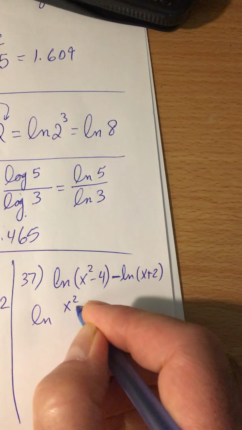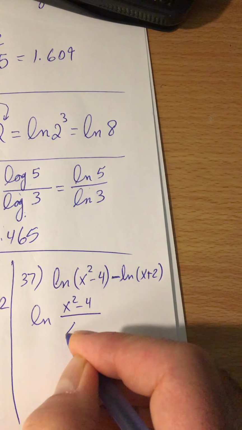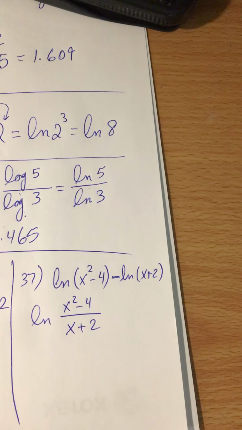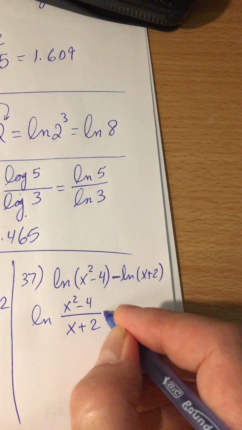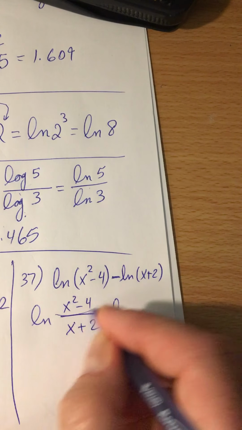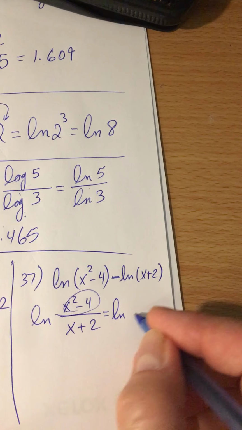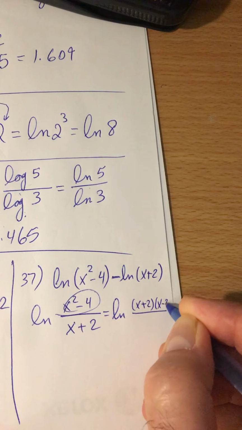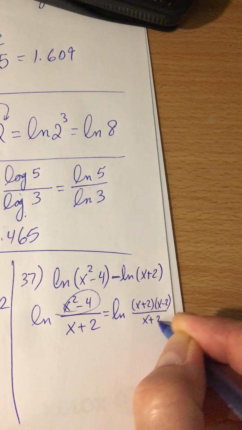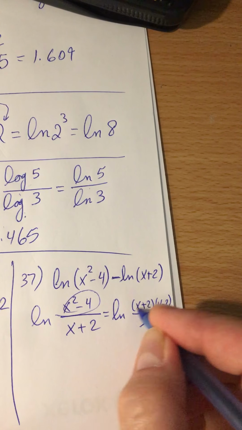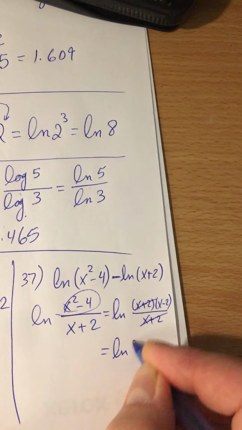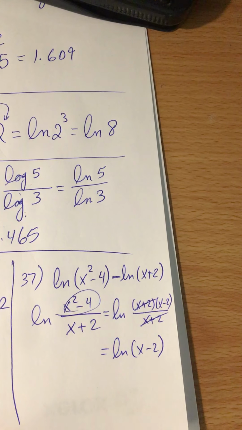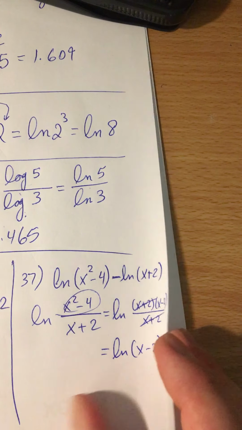That will be natural log of x squared minus 4 over x plus 2. I write it as a quotient, a fraction. Can I simplify that? Yes, because that's a difference of two squares, so I can write it as x plus 2 times x minus 2 over x plus 2. The x plus 2 cancels, so natural log of x minus 2. So that simplifies to that one.